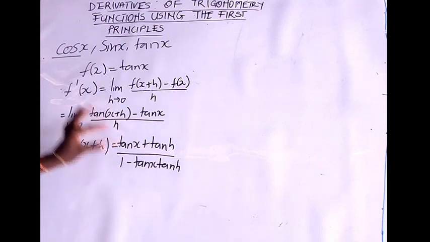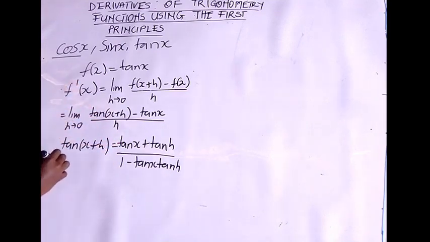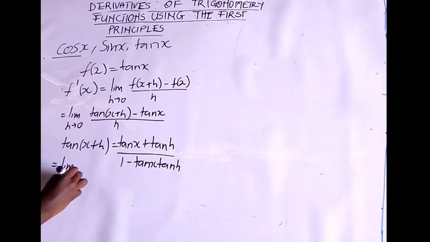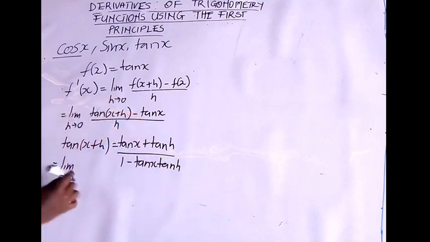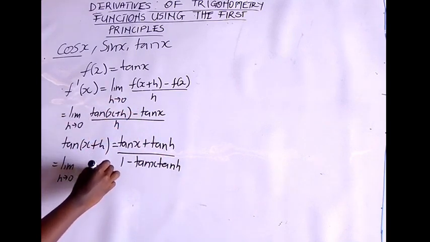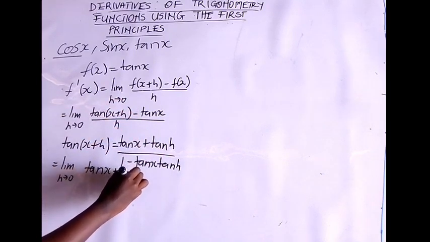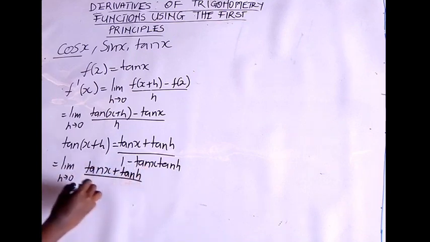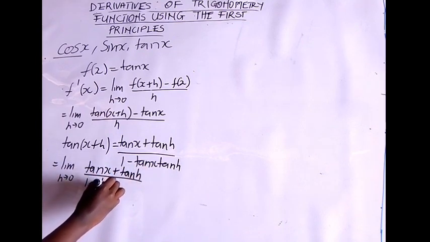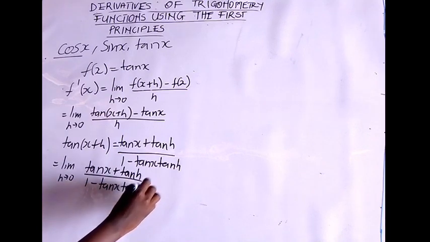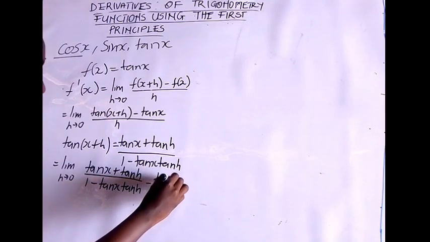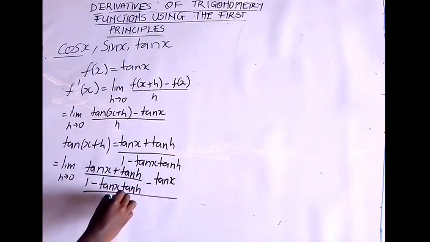So we fix this one here. So we get the limit as h approaches 0 of this one here. So we get (tan x plus tan h) all over (1 minus tan x tan h) minus tan x, all over h.